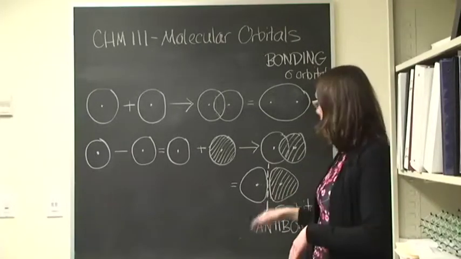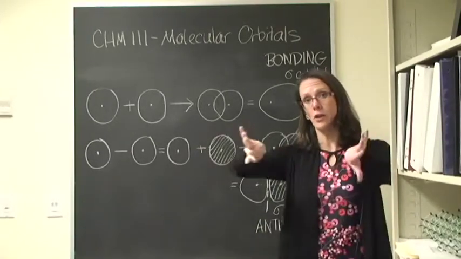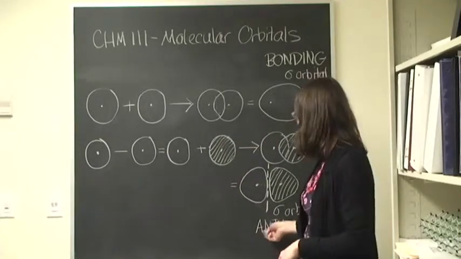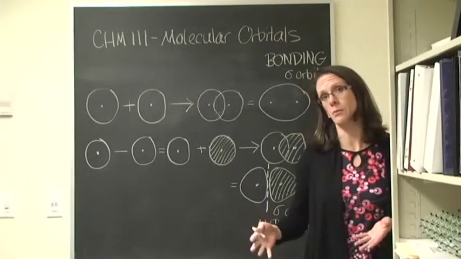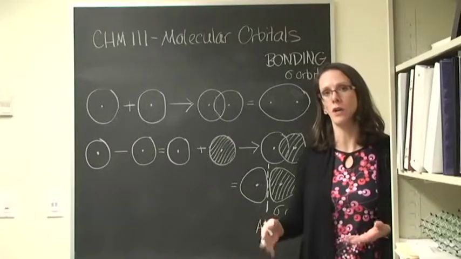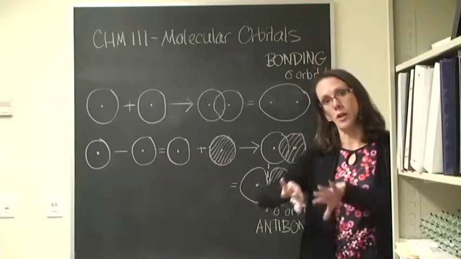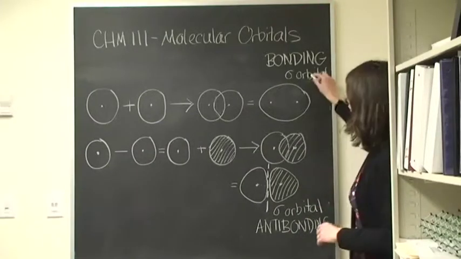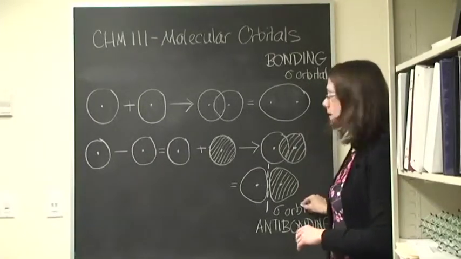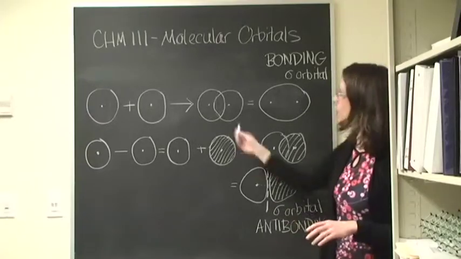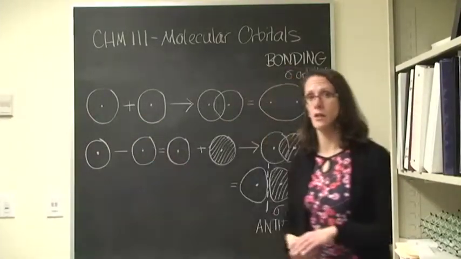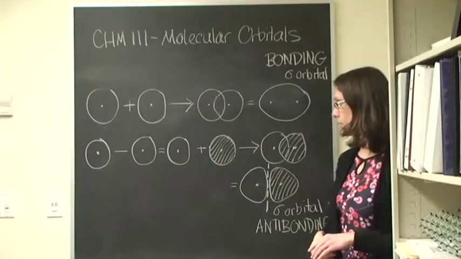So the effect of an anti-bonding orbital is to push electrons out toward the separate nuclei, and as the name suggests, it works against bonding. Putting electrons in an anti-bonding orbital encourages the molecule not to form. All right, so we have two kinds of orbitals, a sigma bonding orbital and a sigma anti-bonding orbital, if we think about the overlap of two 1s orbitals like this to form, in this case, a hydrogen molecule.